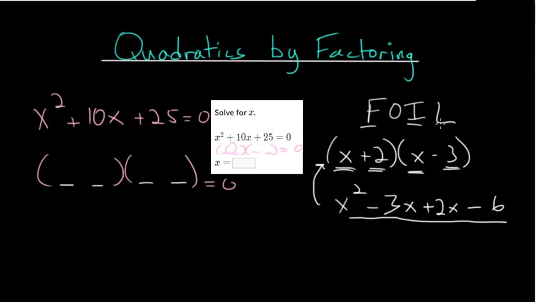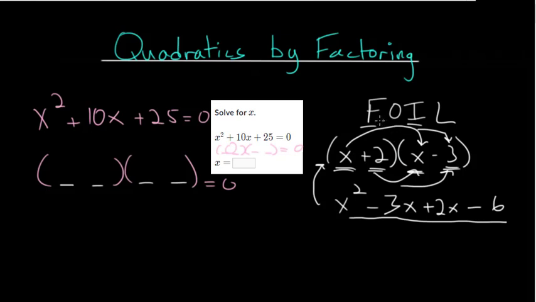And I should note, FOIL is a useful way to remember how to multiply these, but if you ever have more than 2 terms in each expression, FOIL doesn't work. So you could also just think about it as you're distributing, or essentially each number here multiplies to each number over here. But we are going to essentially do this FOIL method in reverse to factor this.